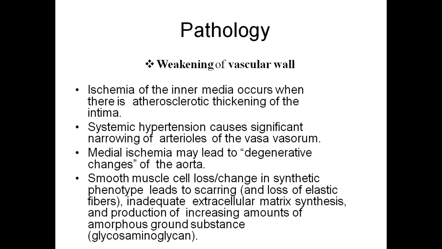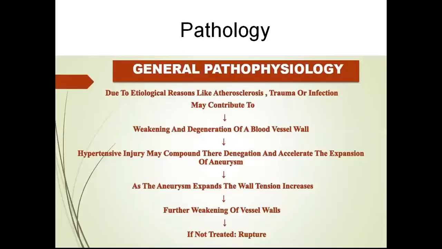Medial ischemia may lead to degenerative changes of the aorta and smooth muscle cell loss, change in the synthetic phenotype, leading to scarring, inadequate extracellular matrix synthesis, and production of increasing amount of amorphous ground substance, glycosaminoglycan. So, in all, ischemia and systemic hypertension may also lead to weakening of the vascular wall.